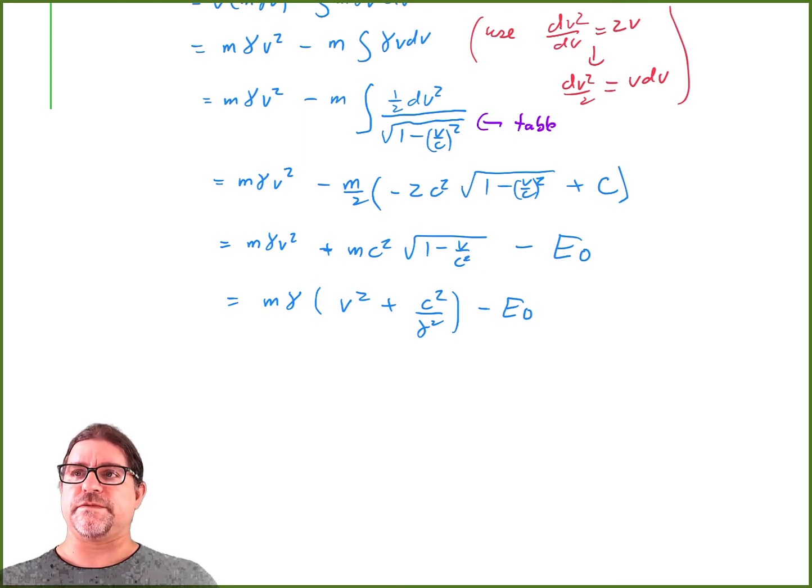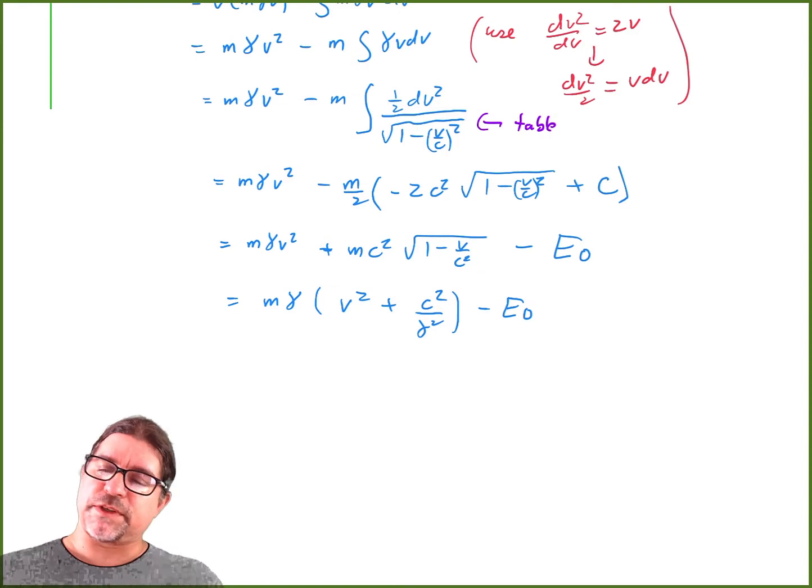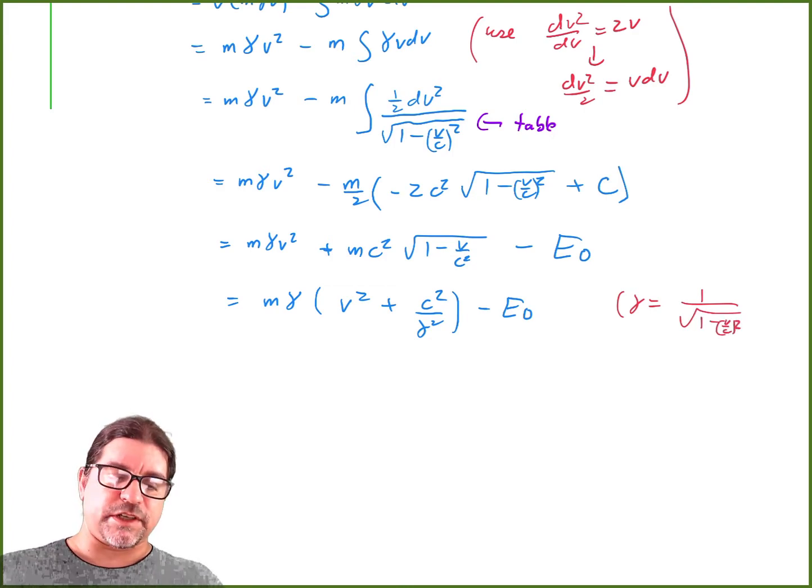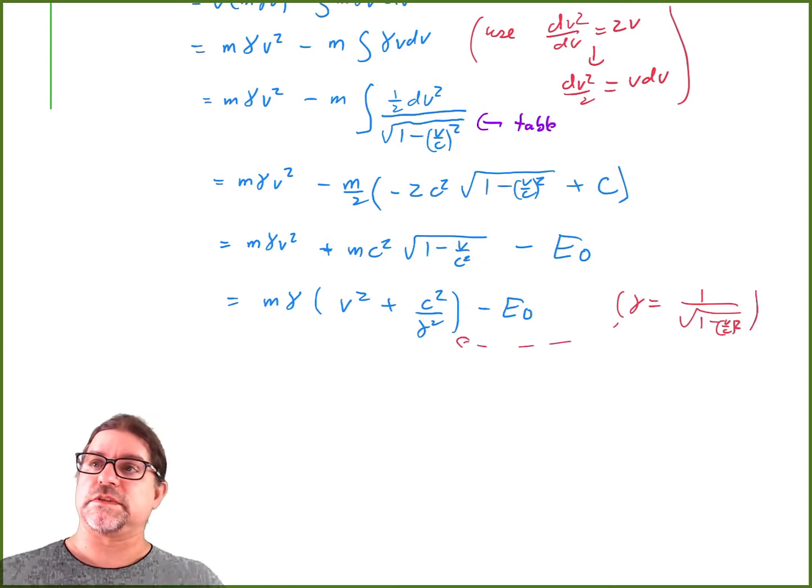All right, so what do you want here? Just remembering what gamma is again, gamma is 1 over the square root of 1 minus v over c squared. So I'm going to plug that in here.